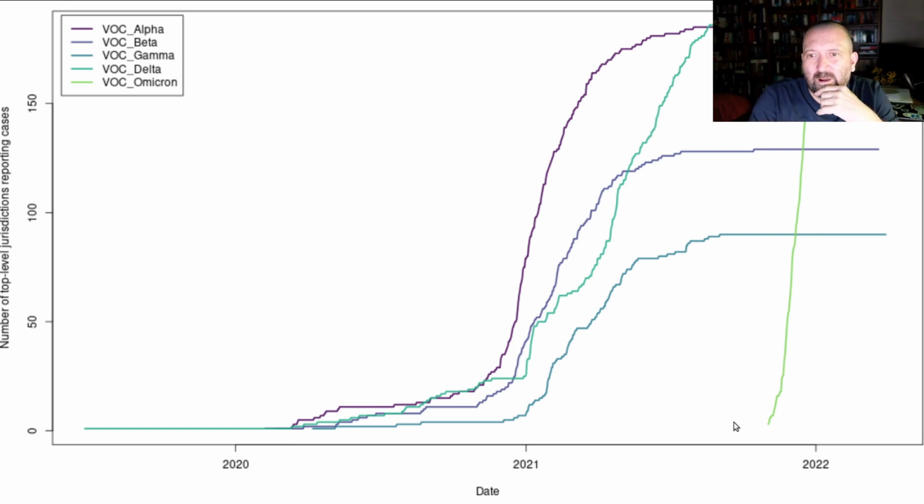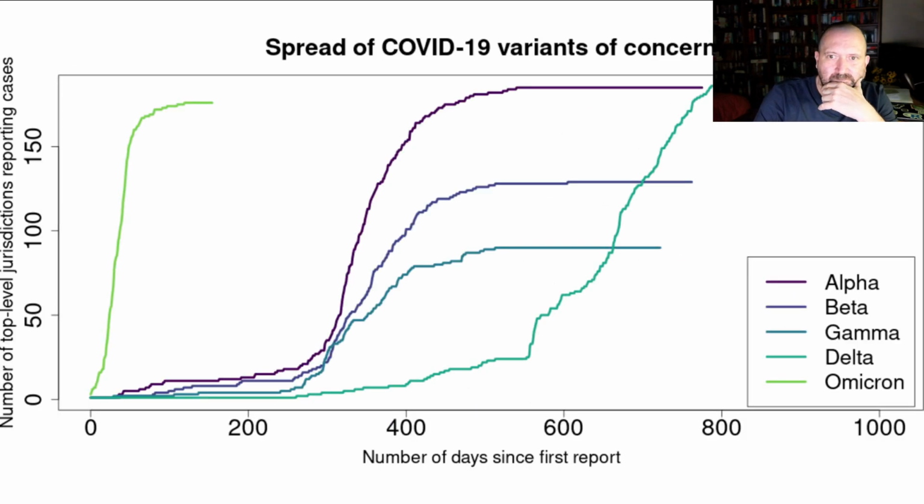You can see why Omicron had everybody so worried, because the others had a sort of establishment phase during which propagation was to not a lot of countries, and then a kickoff phase, whereas Omicron went very quickly from not being detected in any places to being detected in many, many places. And you can see that in terms of the timing from the date of first detection.